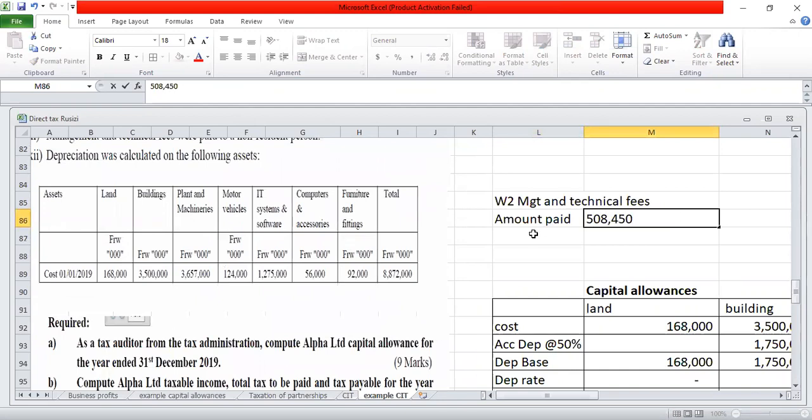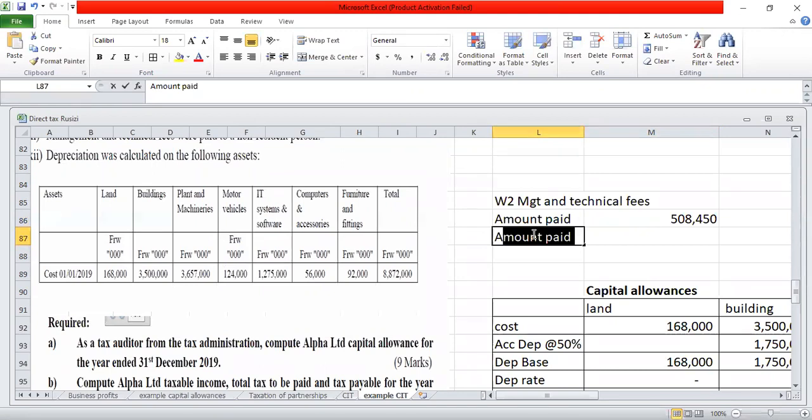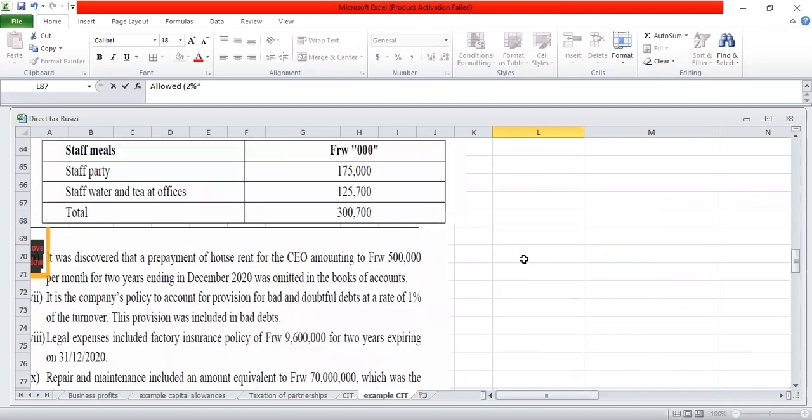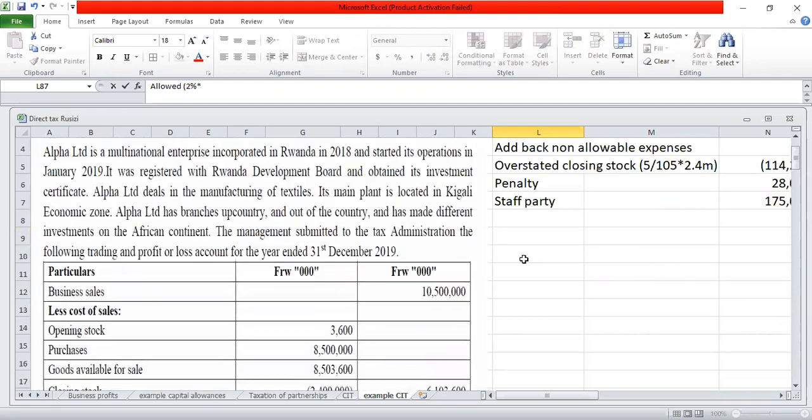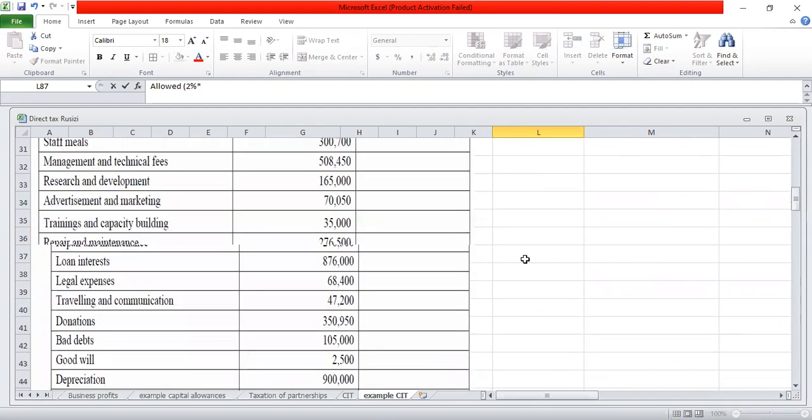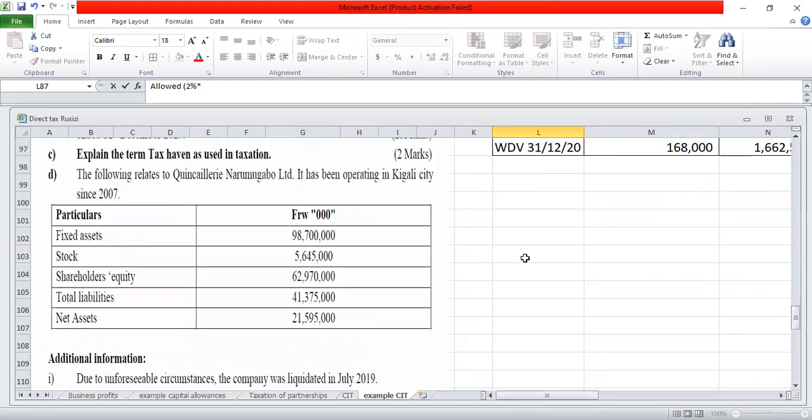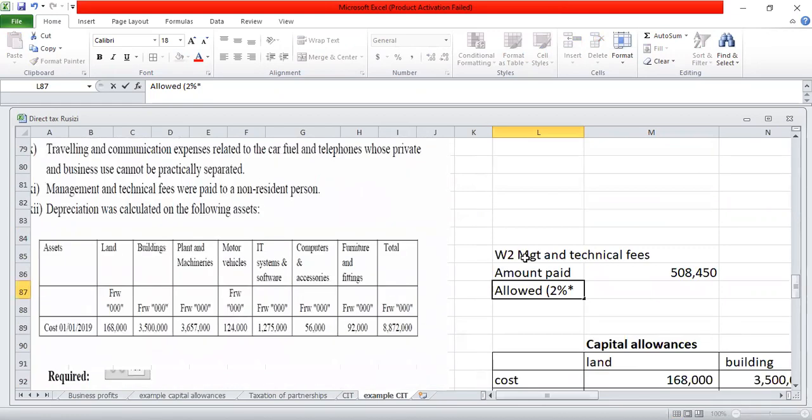Allowed is 2%, because it was paid to a non-resident. 2% times 10.5 million.